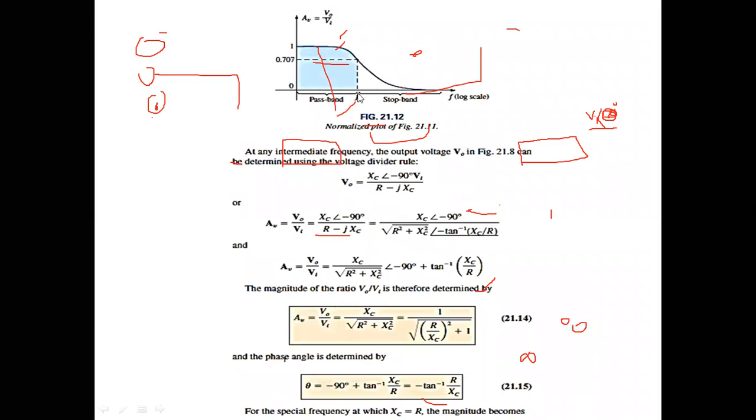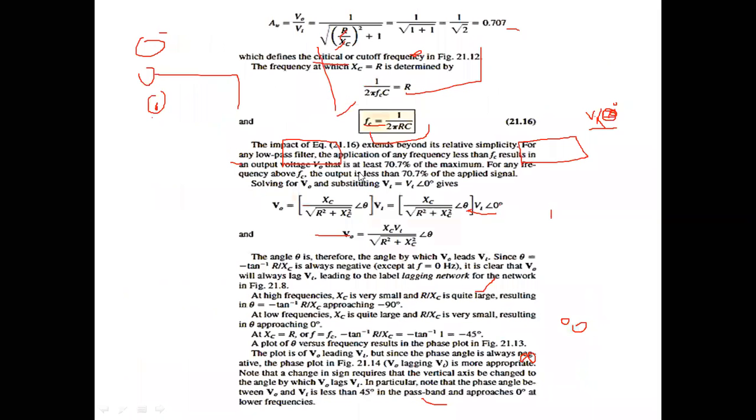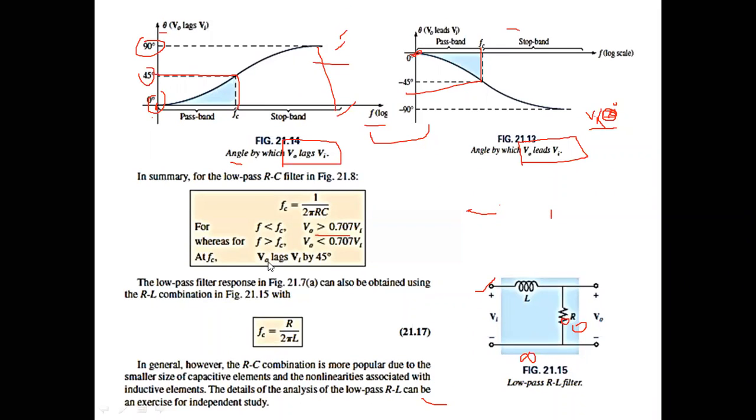For f less than fc, the v naught is greater than 0.707, and for f greater than fc, in this area, the v naught is less than 0.707. And at fc, v naught lags vi by 45 degrees, and fc is equal to R over 2 pi L for the RL case. This was the whole summary.